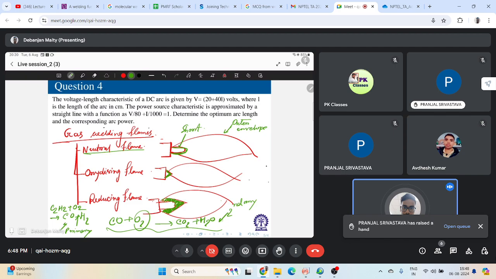I'm not going into that aspect. There is something called thermionic work function. Then there is something called ionization potential. Those aspects are there.